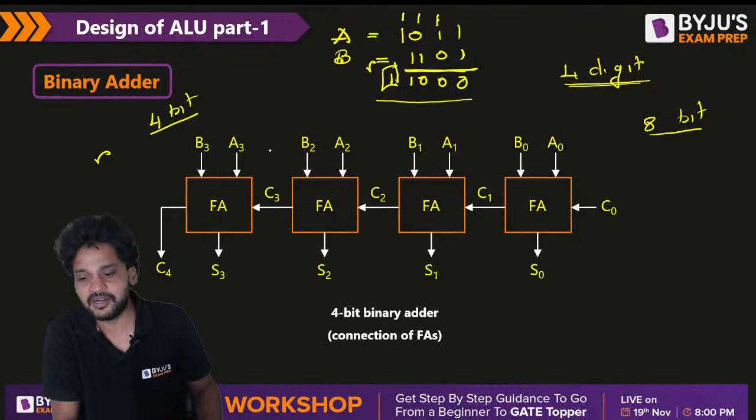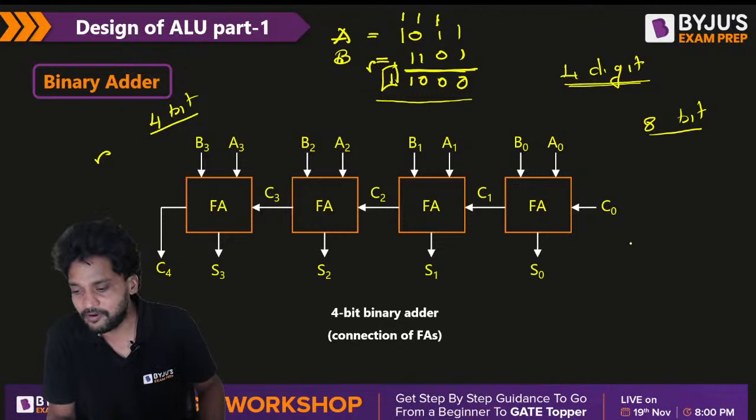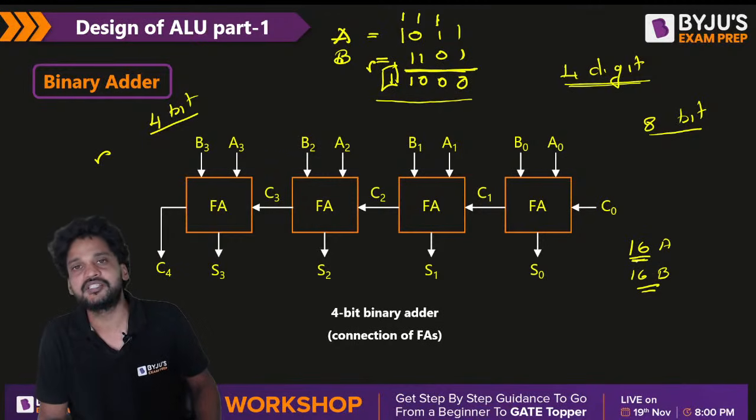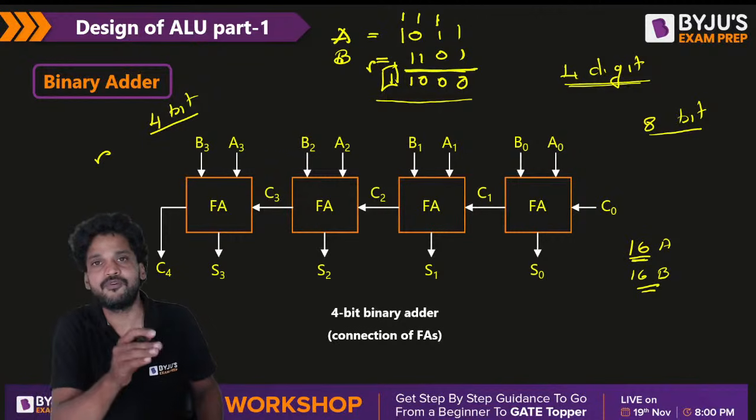For example, you want to perform a 16-bit addition. So A is a 16-digit number, and B is another 16-digit number. But if it is being carried out in a 4-bit ALU, all these 16 digits will be divided into 4, 4, 4, 4.